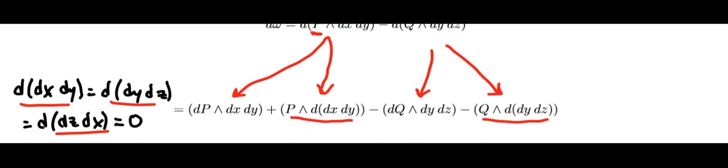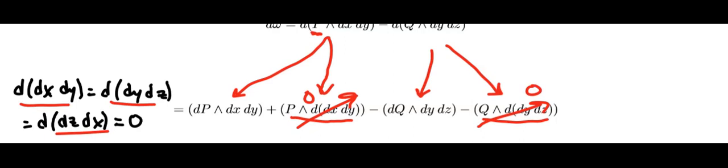So add these to your list of tips and tricks for differentiating differential forms. These are all equal to 0, which means that these 2 terms right here are going to vanish. So we're only left with dp wedge dx dy minus dq wedge dy dz.